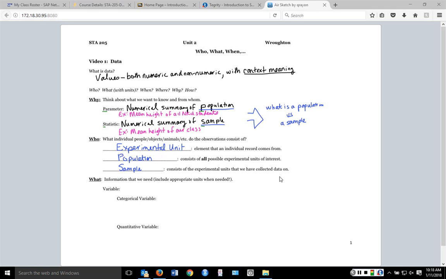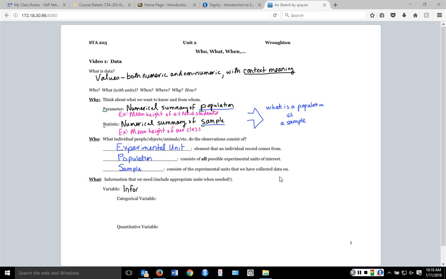So we have the first idea talked about: who do we want to know information about, and what do we want to know? We know why we want to know it, and we know who we're collecting it on. Now, what information do we need to get in order to actually answer our question of interest here? The first thing we need is what's called a variable.